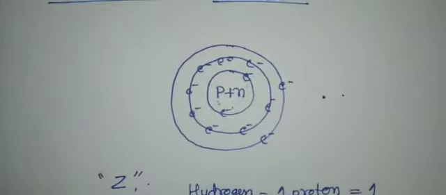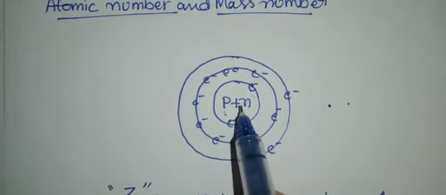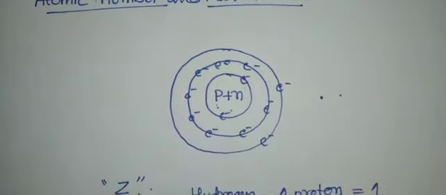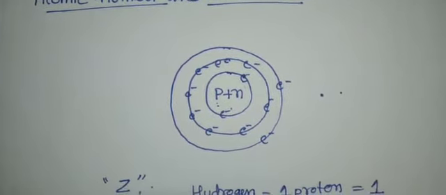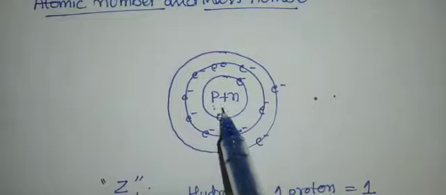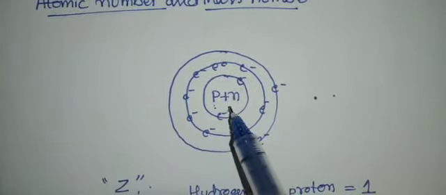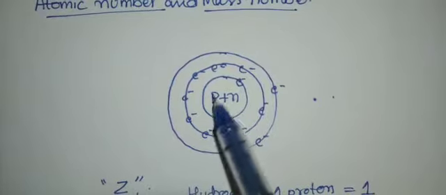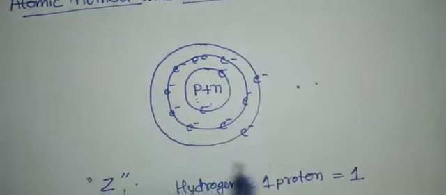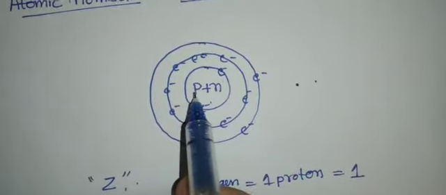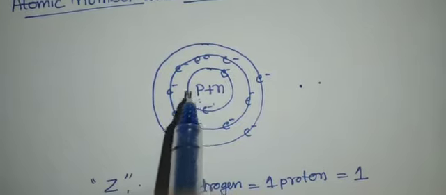Students, you know that in the atomic nucleus, not only protons, neutrons are also present, right? So after studying the properties of subatomic particles of an atom, we can conclude that mass of an atom is practically due to the protons and neutrons which are present in the nucleus. So mass of this atom can be decided by the number of protons and number of neutrons present in the atomic nucleus.